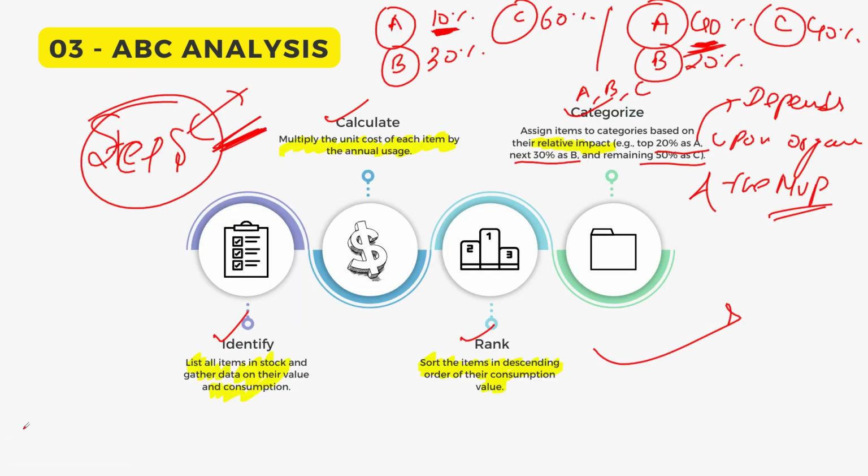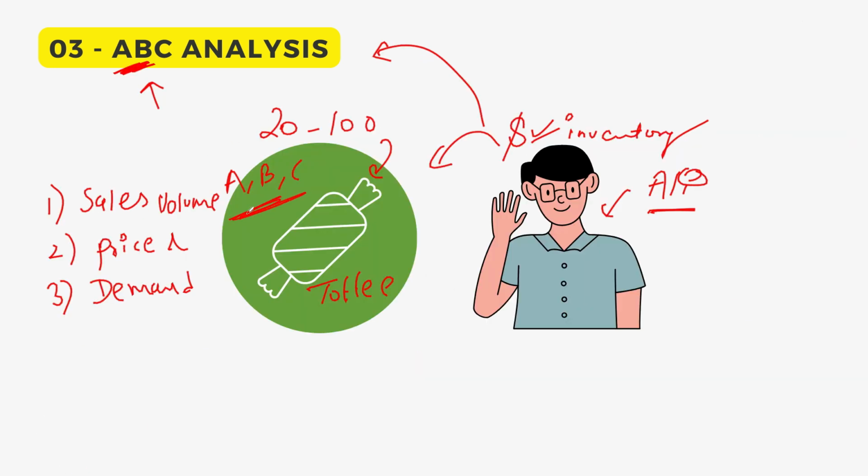So he has implemented all the steps and categorized his toffees into three categories: A, B, and C.